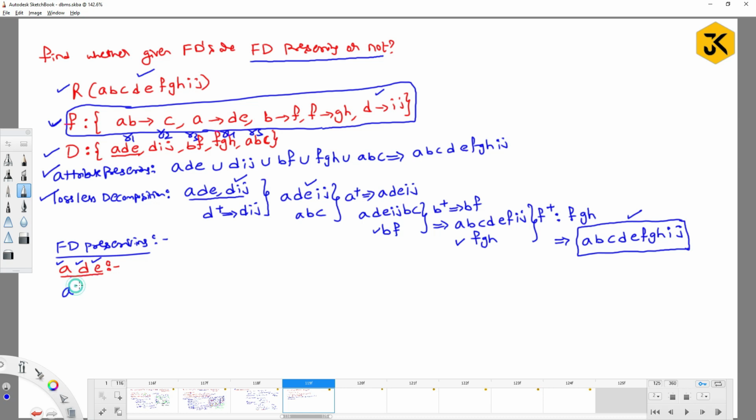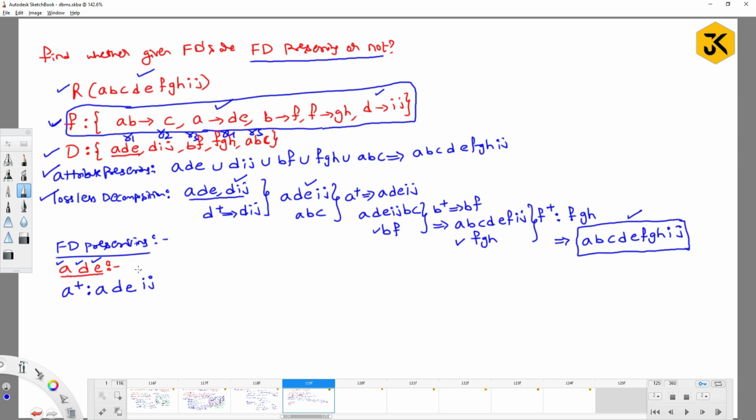So how can we calculate the FDs for a particular attribute? I can simply calculate its closure. I hope you know, right? If you find the closure of a particular attribute, it will generate various kinds of additional functional dependencies. So if I find the A closure, you will get A, D, E. From D, I can get I and J, right? Is there anything else possible? No, right?